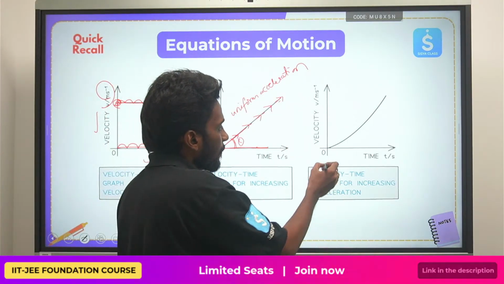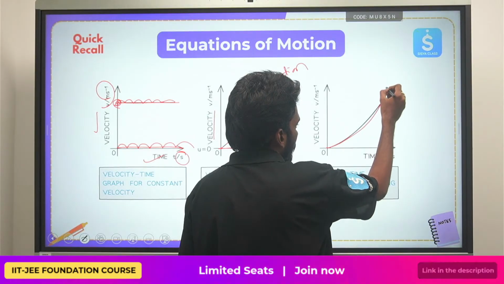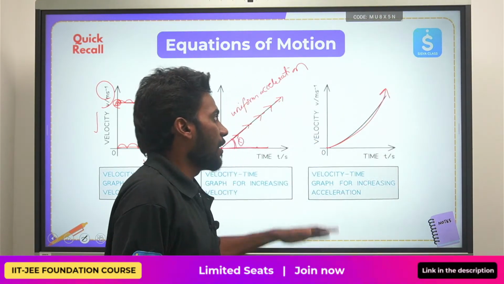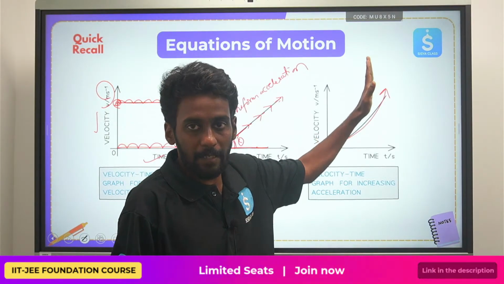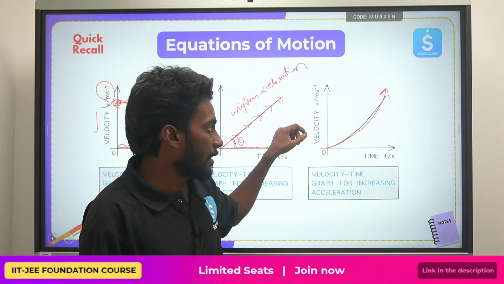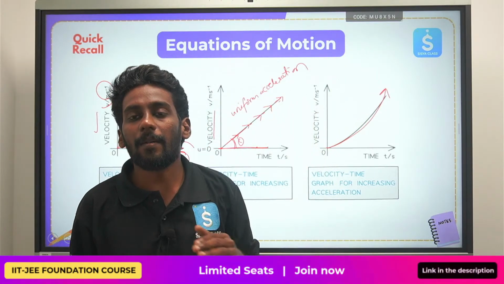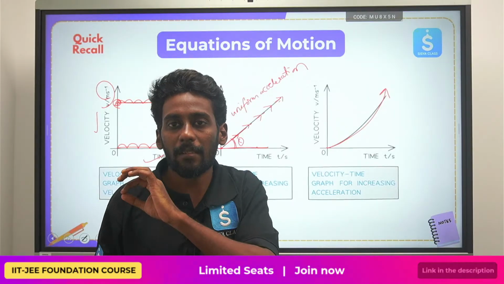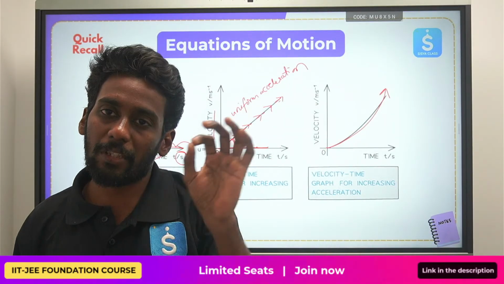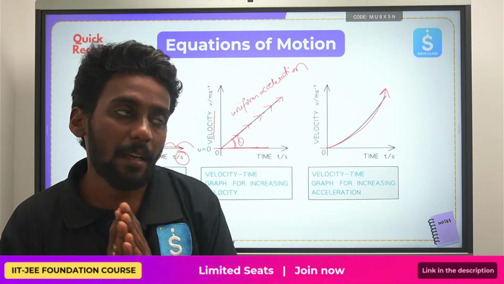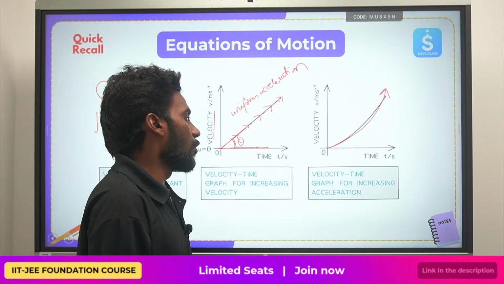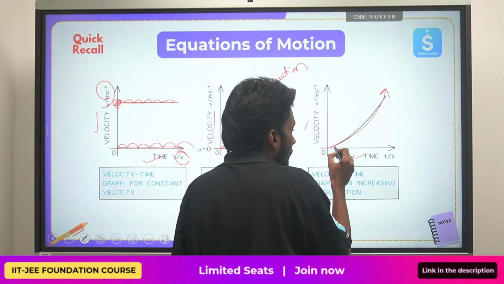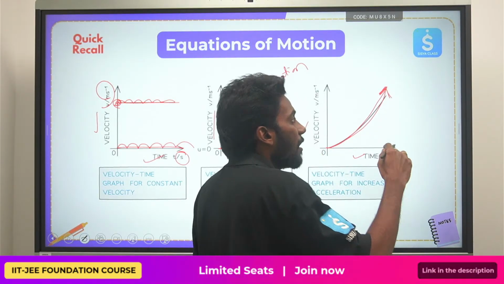Now what happens here? There is a curve. You are seeing the curve is going steeper and steeper and it is rising up, right? It means the velocity is increasing, but it's not increasing gradually, it is increasing in a curve. Curve means variable, right? So whenever you are seeing curves, it means variable. Straight lines mean constant or gradual, okay? Whereas curves mean variable. So if you are seeing a curve for the velocity time graph, the velocity is variably increasing.